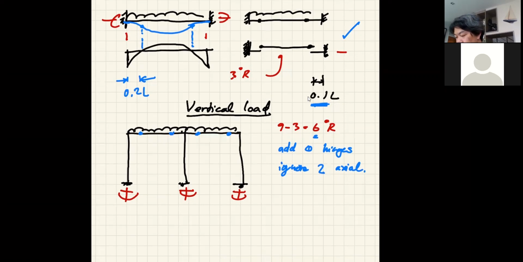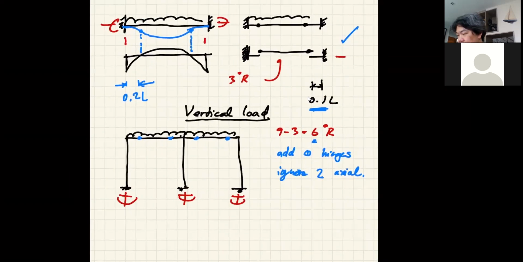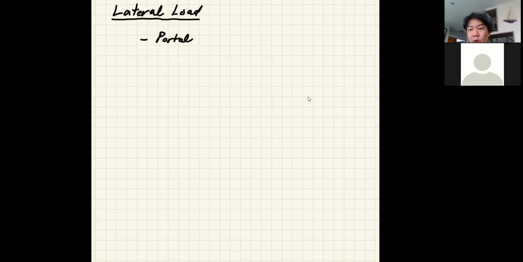Okay, for the lateral load, let's skip to the next page. For the lateral load, we have 2 major methods of approximation. The first one is called the portal method. Portal means a door.